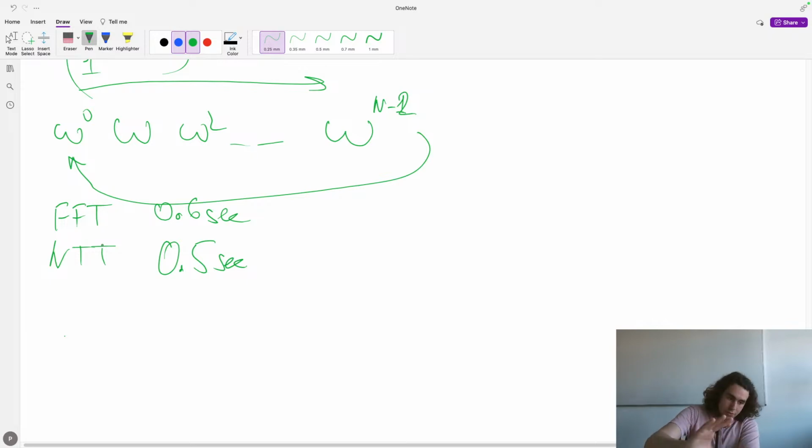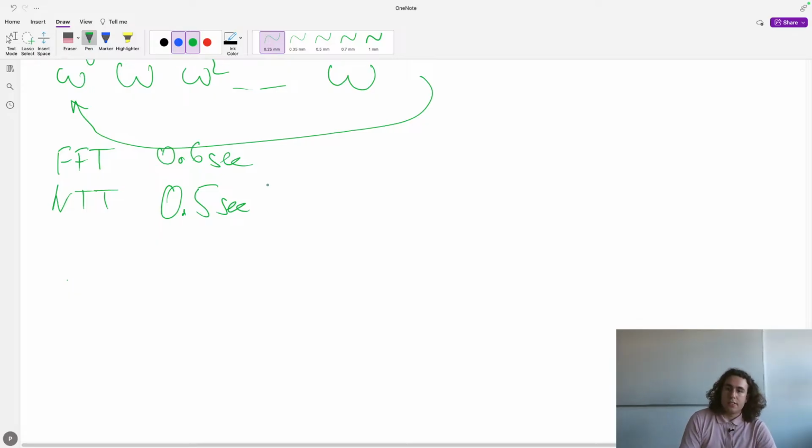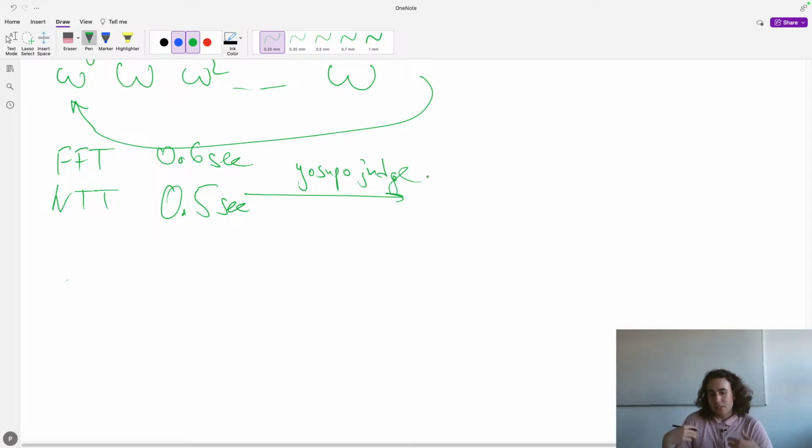You can go again for much more improvements, and there is a specific website, Yosupo Judge, where people try to make algorithms as fast as possible. You can see the links in the description to different FFTs that you can submit on that website.